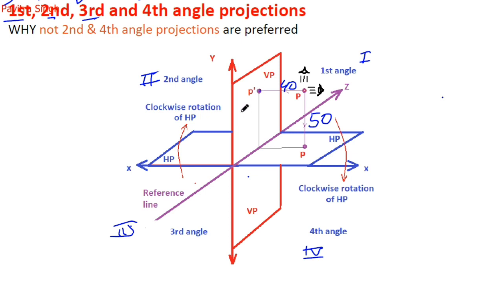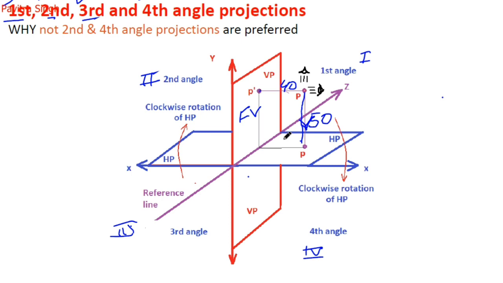When this point P is looked at by the observer from the front, the shadow of this point P is placed on the vertical plane at this point, and this point is P dash. This is called the front view, because the observer is looking at point P from the front.